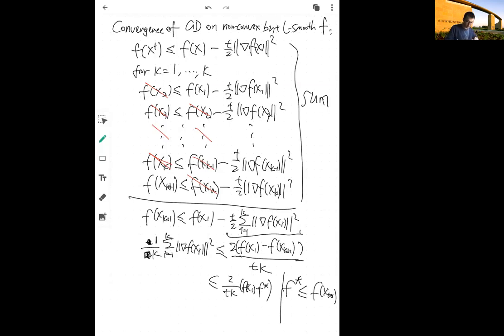Okay, so again, we can use the same idea to lower bound the average with a minimum. So this is the minimum over all i in 1, 2, up to k of the squared gradient norm.